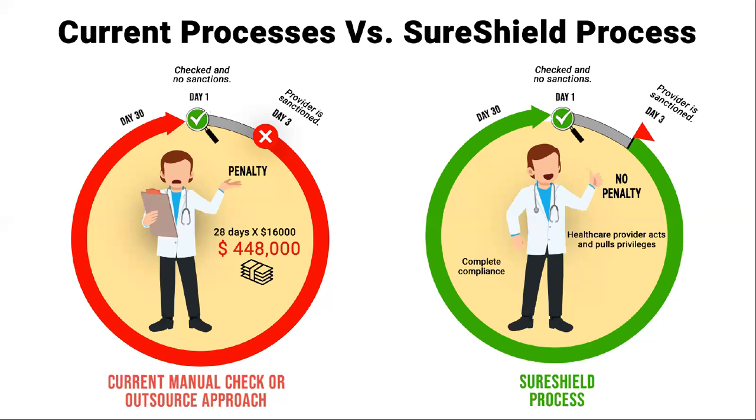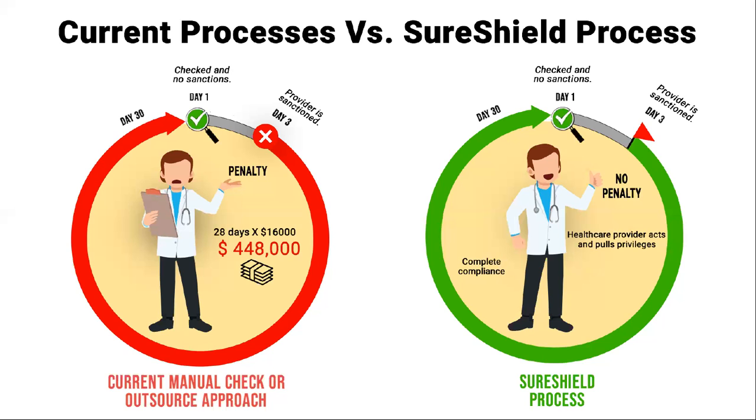And oftentimes not as many are doing it monthly, meaning you could have multiple months of exposure. And those come with very significant fines. So in our example, if you had 28 days at $16,000, you're exposed to almost $500,000 of penalties. In the case of the SureShield solution, on day one we would have checked, of course.